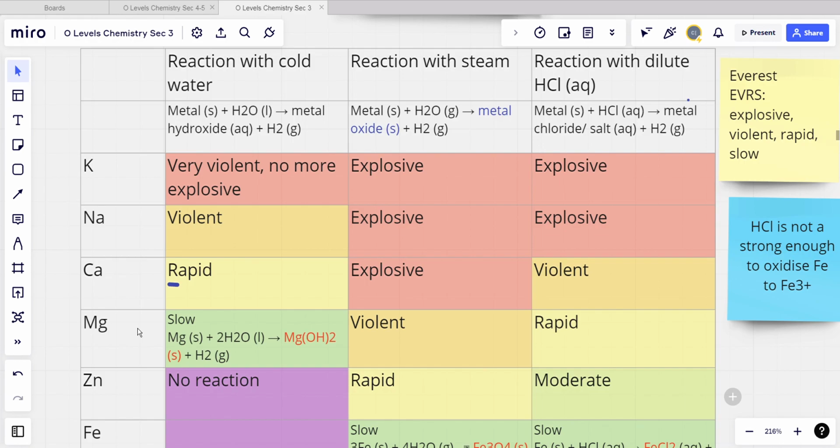But steam is more reactive than water. I hope you guys can intuitively grasp that. 1, 2, 3, 4, 5, 6. For steam, the first 6 metals can react, up to iron.